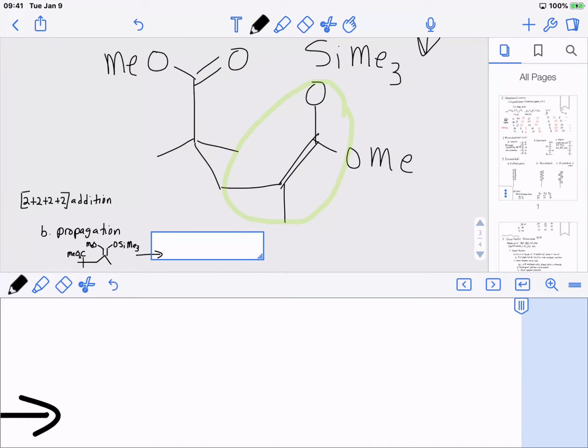And it can add to another monomer in the same way, there's your methyl methacrylate.